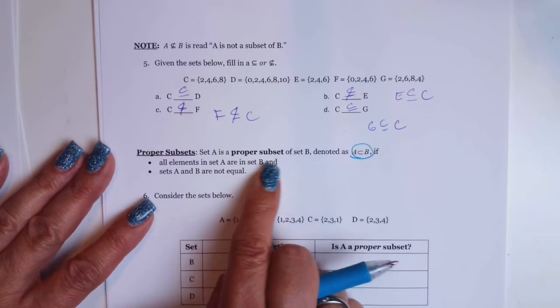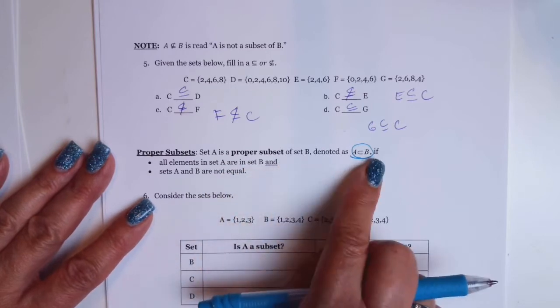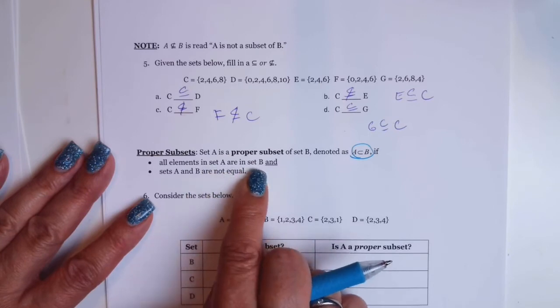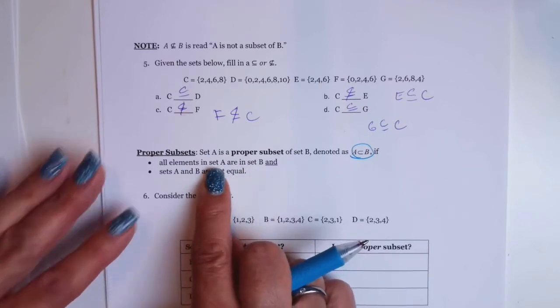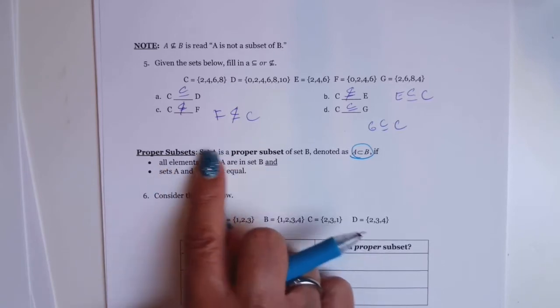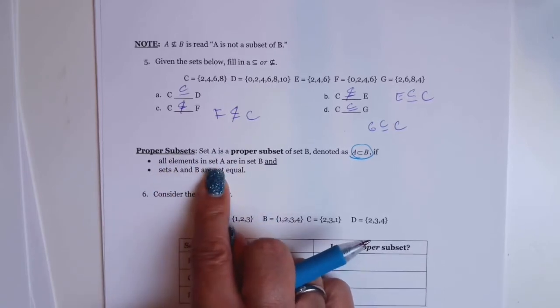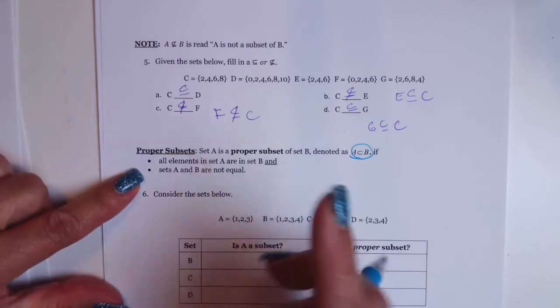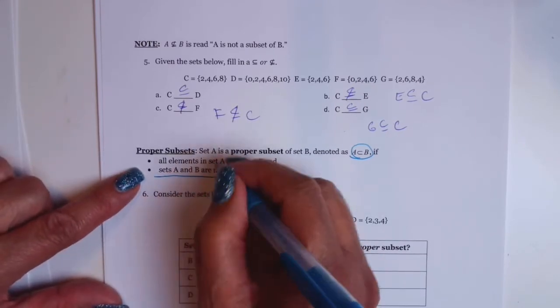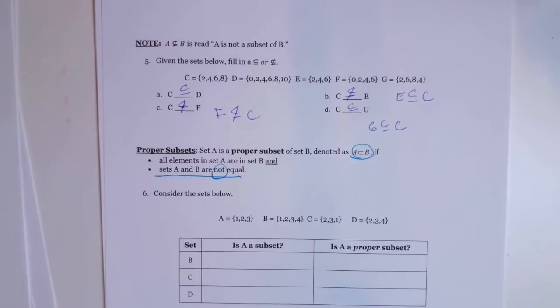So A is a proper subset of B if all elements in set A are in set B. So this is the same as a subset. Now the difference is this one here. Sets A and B are not equal. So they cannot be equal.